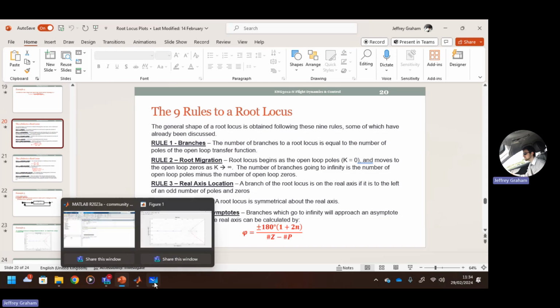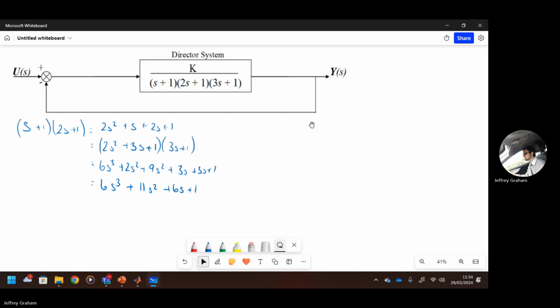Right, so this is probably easier seen in this one. Poles, remember, are on the bottom, zeros are on top. We've got pole number 1, pole number 2, pole number 3. Rule number 1: our poles are going to be at -1.